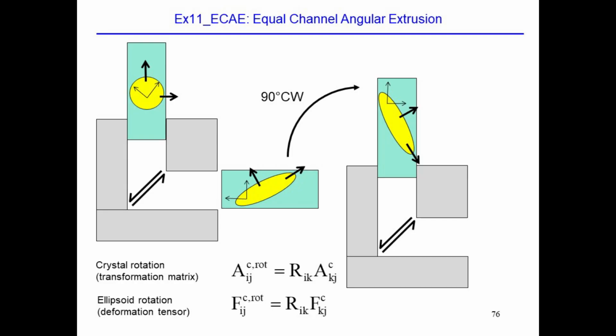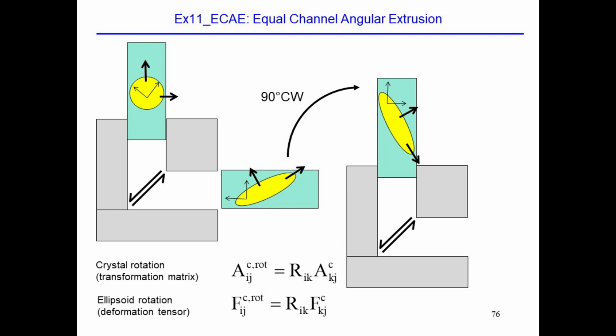Okay, so we are going to demonstrate two of those passes today, but as you can see, one of the things that we will need to do, and this is what these matrices indicate, is that you have a certain matrix A that gives you the orientation of your crystal with respect to your sample axis, and a matrix F, a deformation gradient also referred to sample axis, that gives you the shape and orientation of your grain.